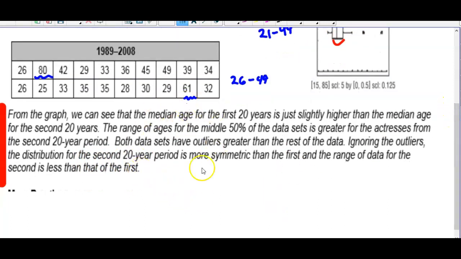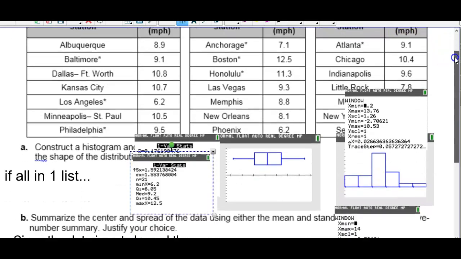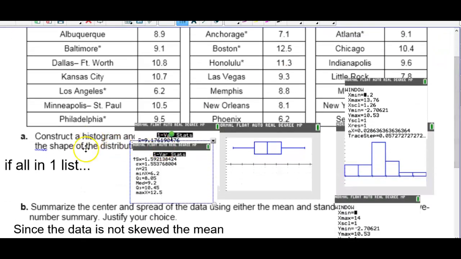Now, if I asked you to write a summary, everybody could have something a little bit different, and that would be okay. All right, now I actually did put this data in. If you want to pause the video and do it, you can, but it says the average wind speed recorded at various weather stations in the United States. So I put them all in one list, okay?